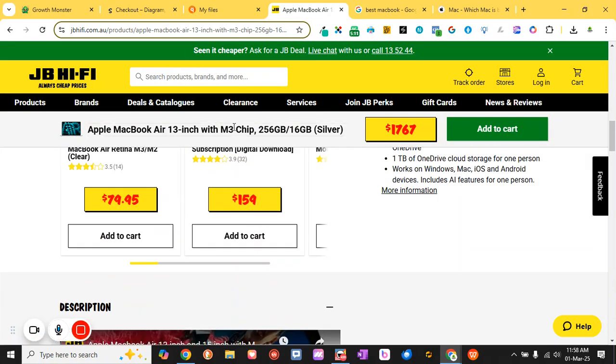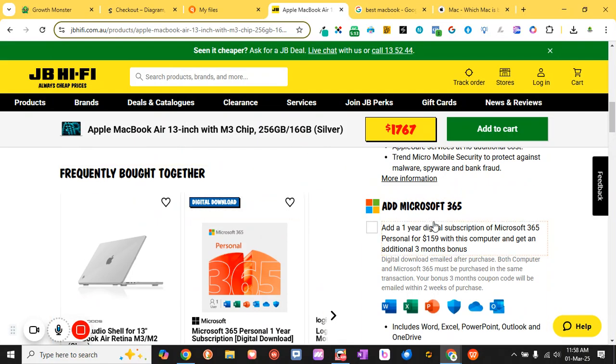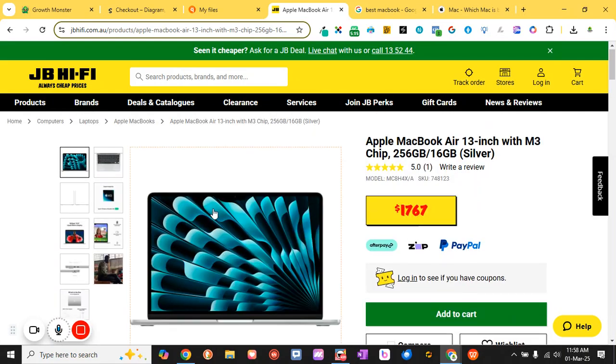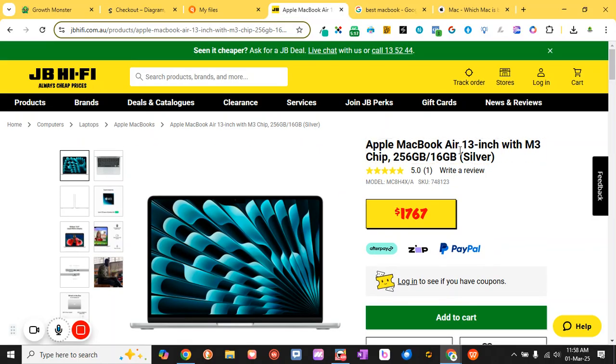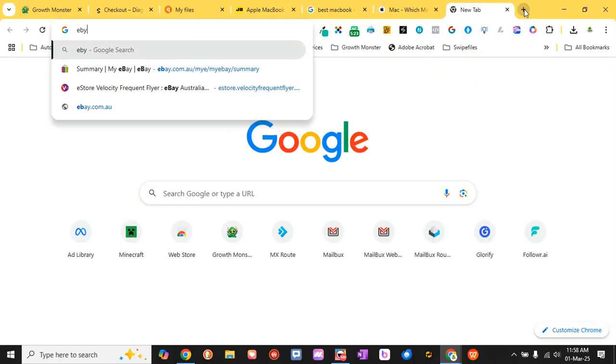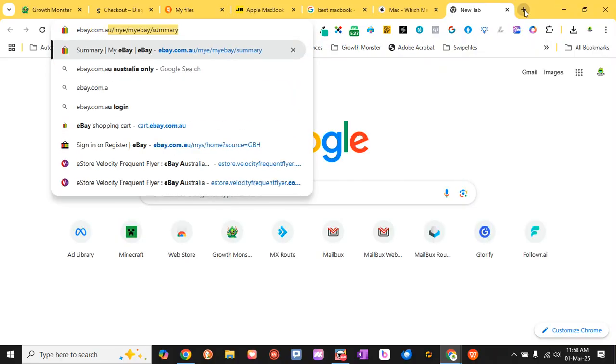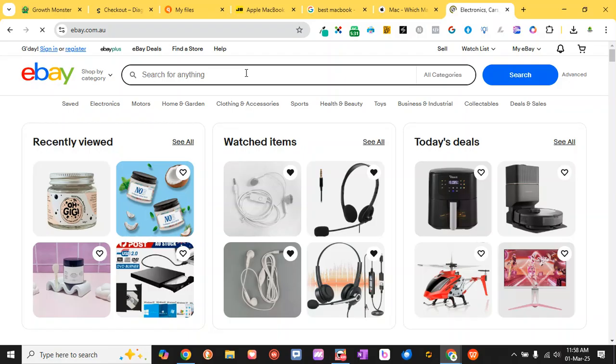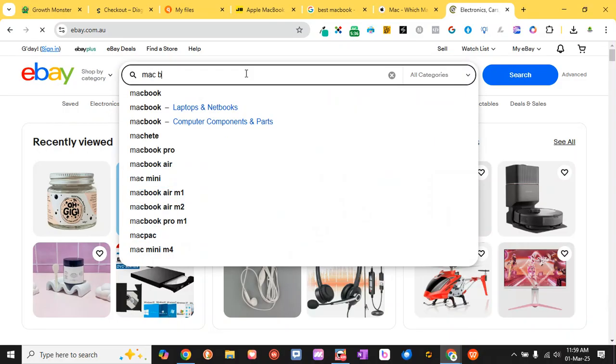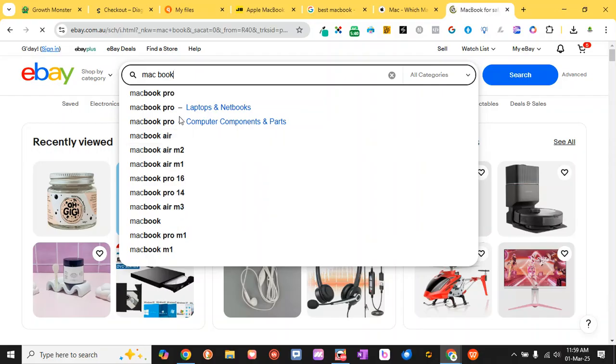Anyway, that's what I mean by looking through these models: it will give you an understanding of what is what. And now we can go to a secondhand site and have a look at what's available.